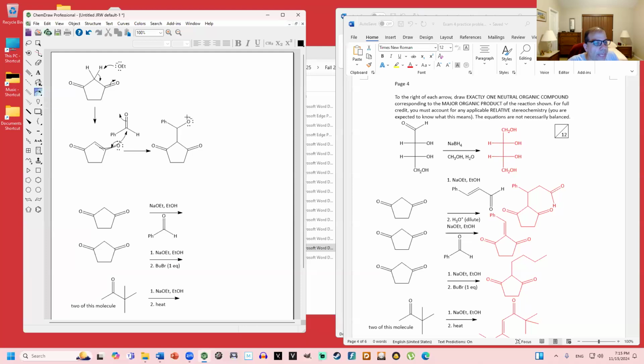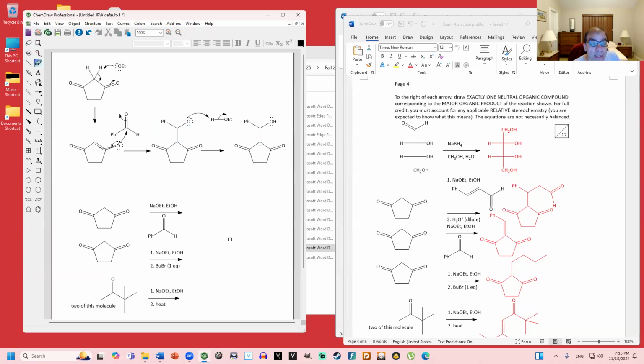And then that alkoxide picks up a proton from the solvent, which in this case is ethanol. That will give us the aldol addition product.